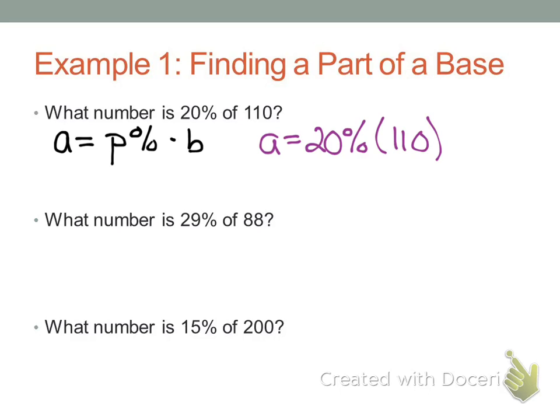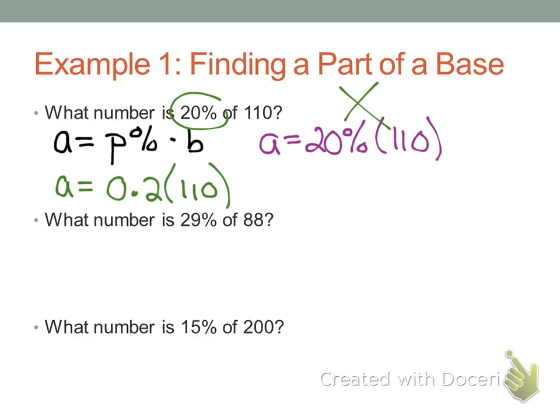So 20% as a decimal would be what? 0.2. Very good. We can just do that mental math. Does everybody agree we could do that mental math? All right. So here's what I want to agree on. I am okay with you skipping this step right here, as long as you understand that any time I substitute in a percent value into my percent equation, I always have to change it to a decimal first.